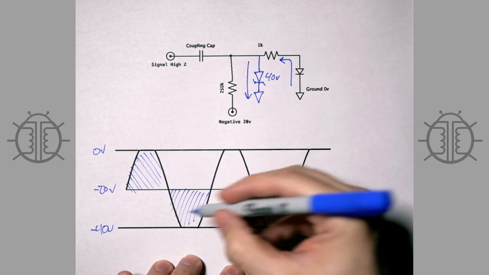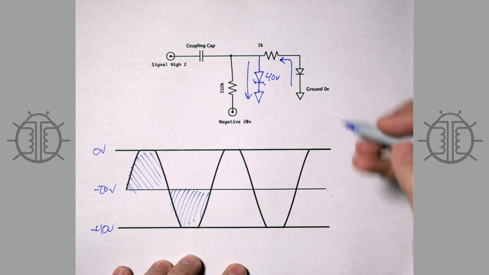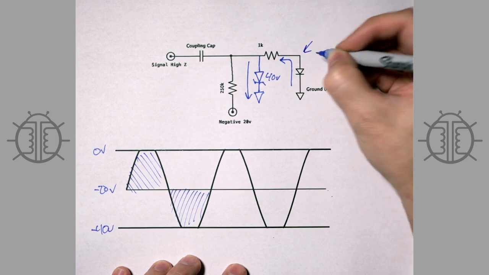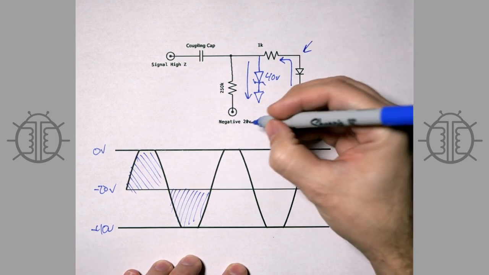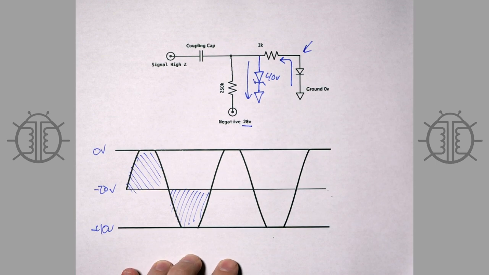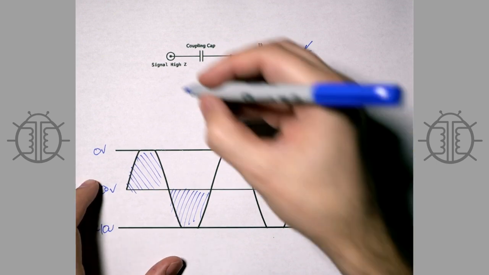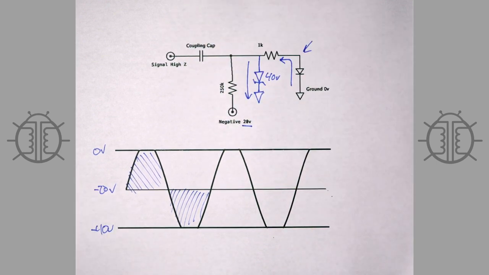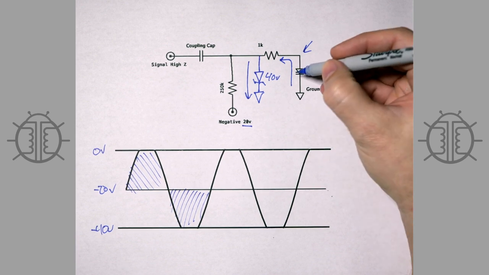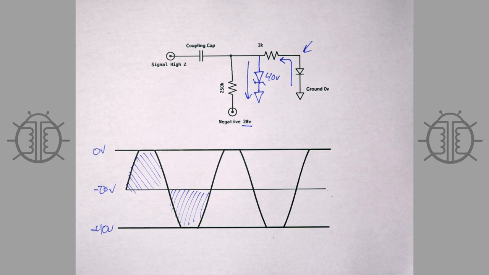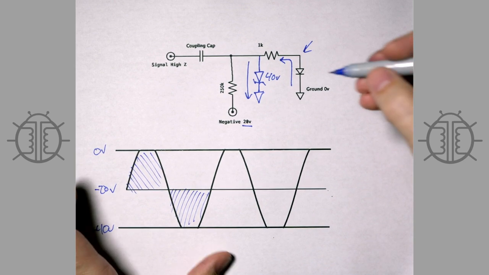We're always clipping symmetrically here, and the average voltage here will always stay at negative 20, regardless of the signal coming in from our previous stage. And so that works.